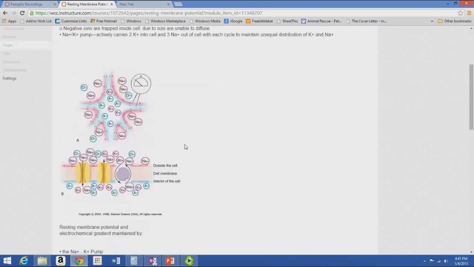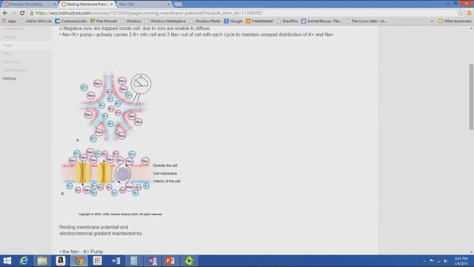This picture shows your minus 70 millivolt charge. The inside of the cell is the blue part. We have anions and potassium. The outside of the cell is the extracellular space. That's much more positive. We have more sodium out there than we have potassium on the inside.